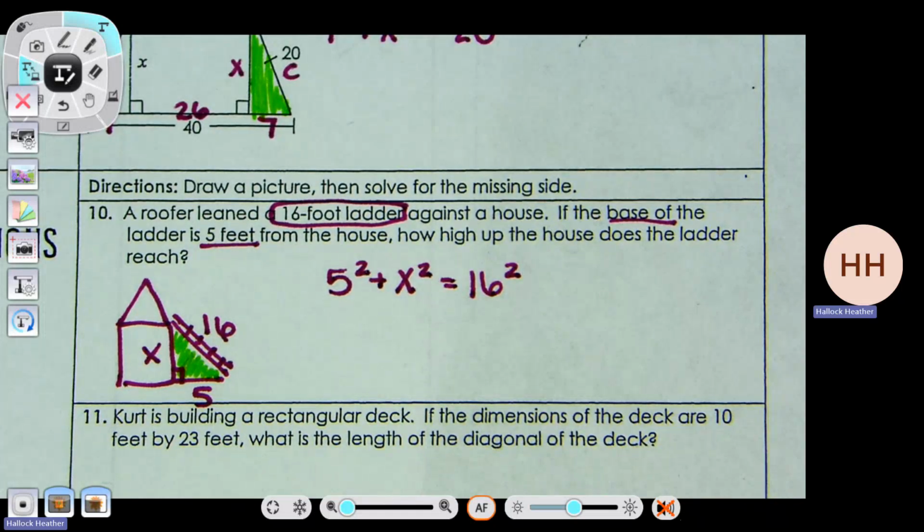It doesn't matter as long as 16 is your C. So what do we get? 15. That's correct. How do we feel? So good?